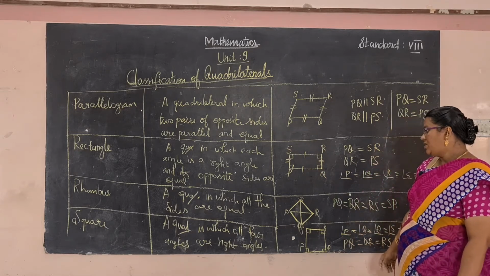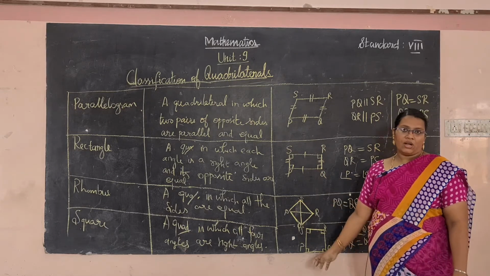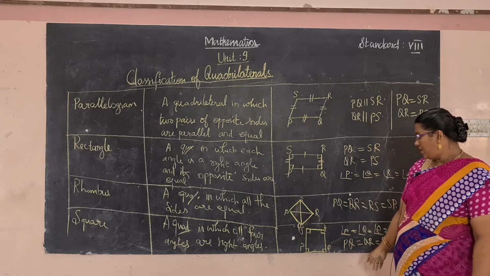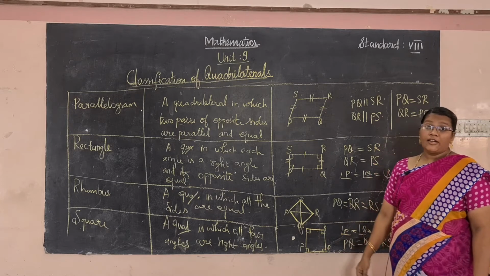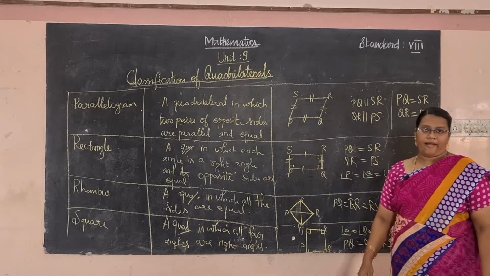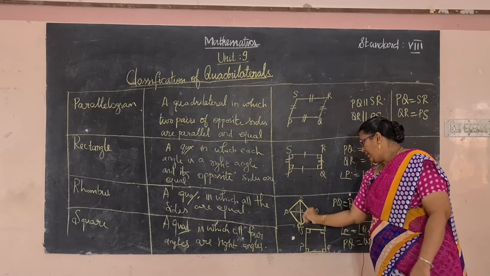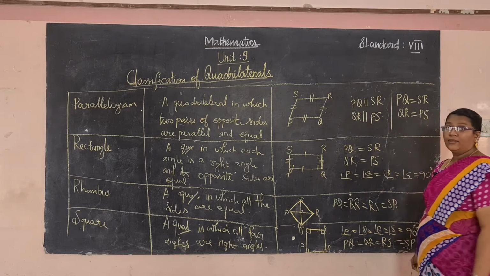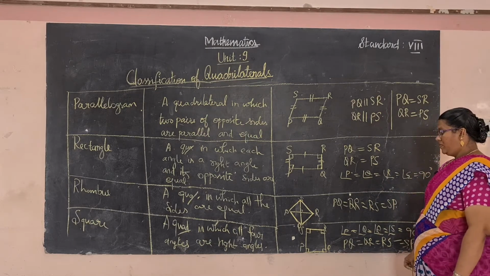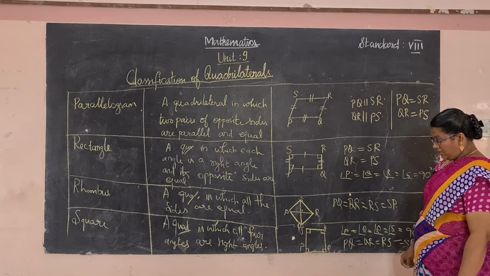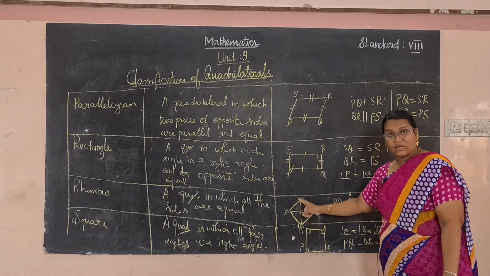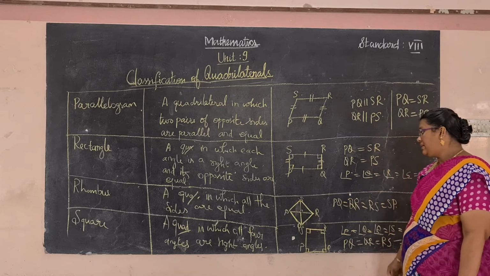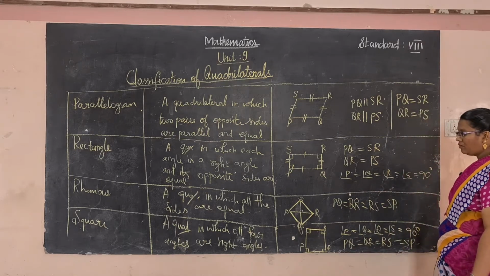And rhombus, all the sides are equal, but here the diagonals intersect at right angles. Clearly observe the right angle, that is 90 degrees.